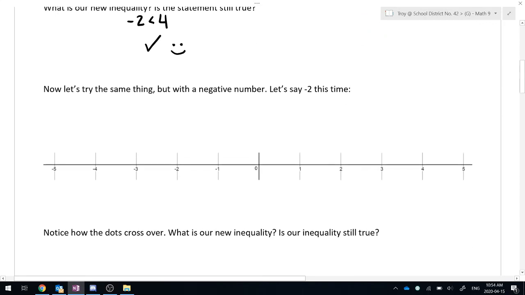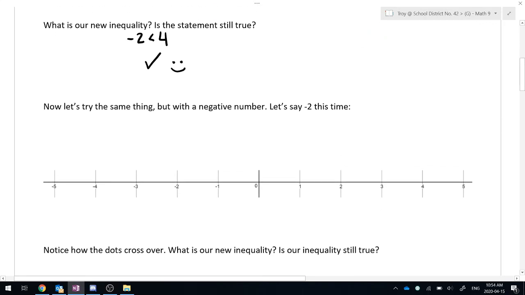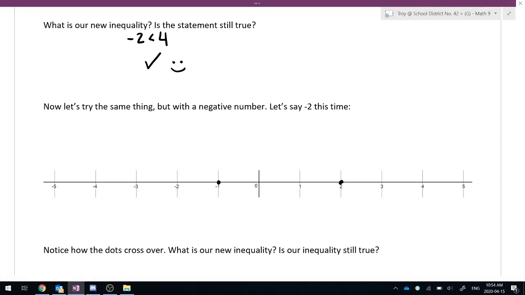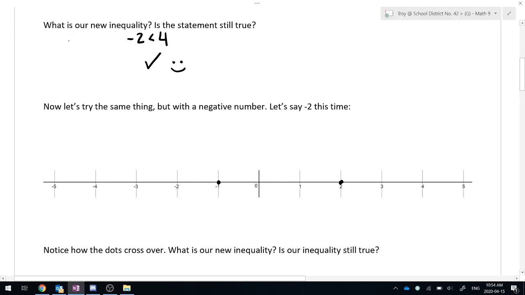But what we're going to do this time is we're going to take the same two numbers, and we're going to multiply it by -2. Okay? So if I take -1, multiply it by -2, that will give us +2 over there.